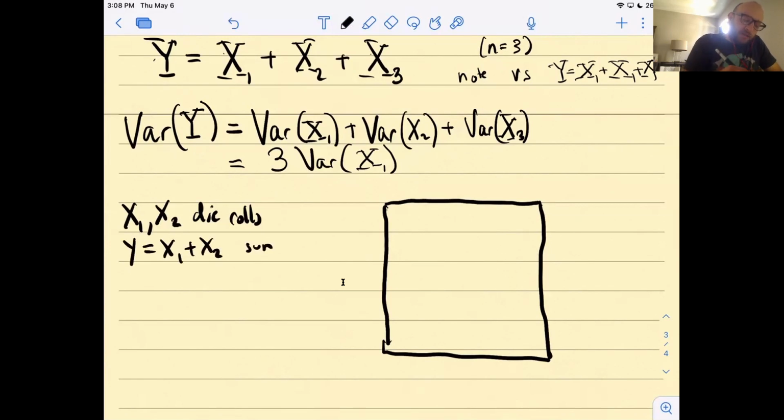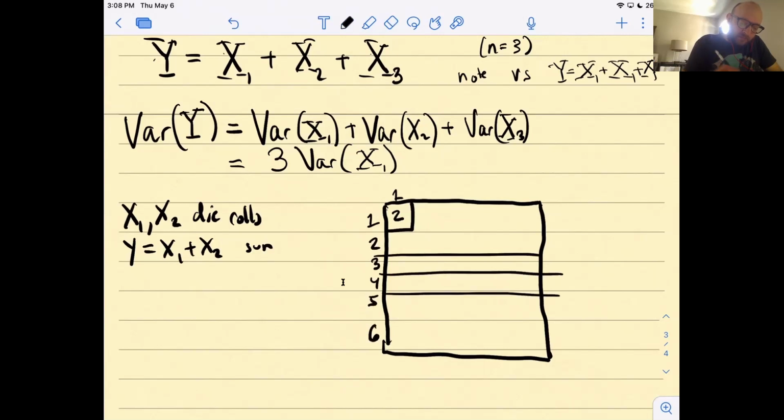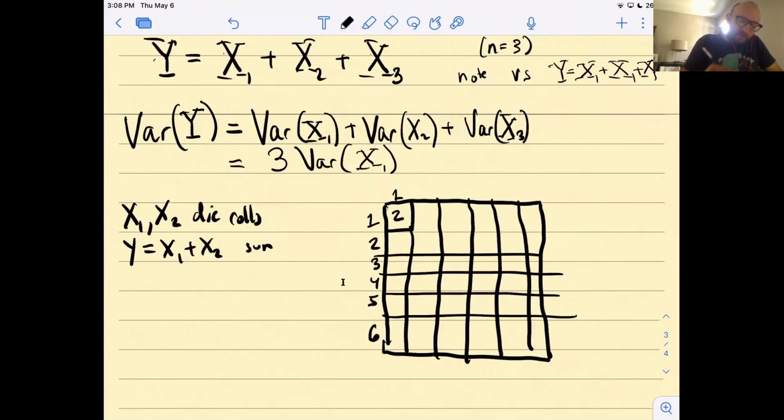And we saw that the chance of getting a 2 is 1 out of 36, right? There are 36 different outcomes in the sample space. The chance of getting a 3 is 2 out of 36.